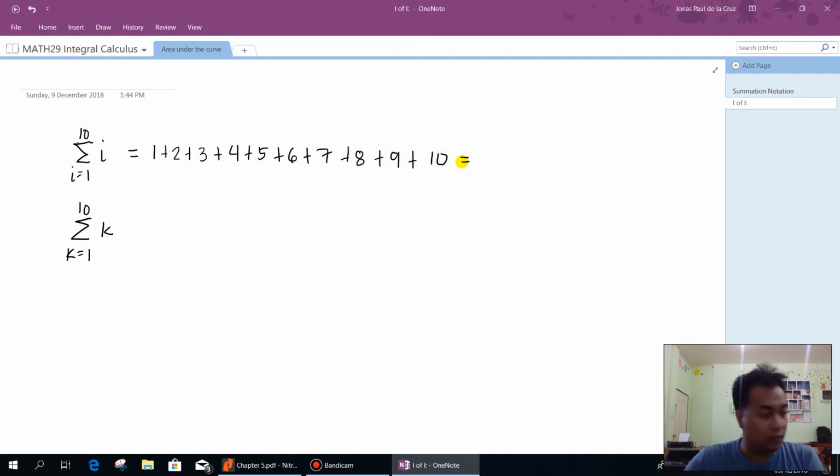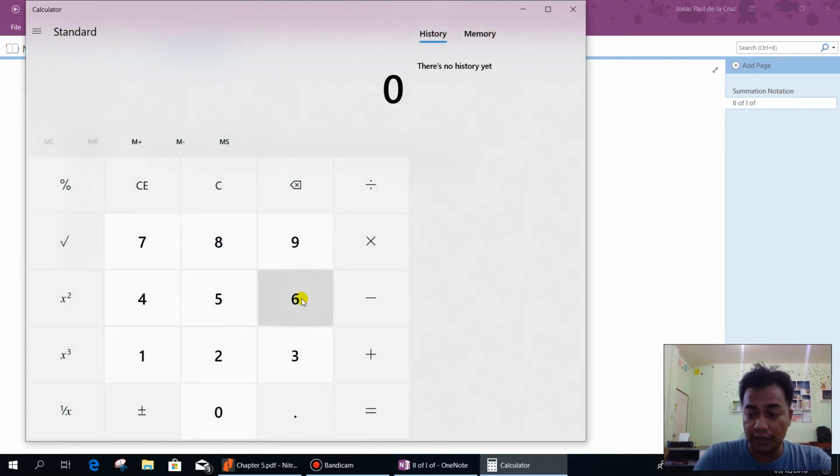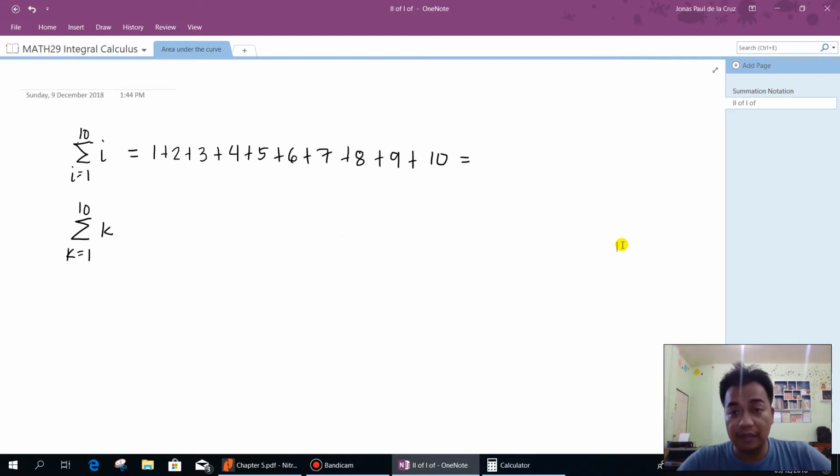Okay, this is equal to, calculator na lang ako dito sa laptop ko. Okay, 1 plus 2 plus 3 plus 4 plus 5 plus 6 plus 7 plus 8 plus 9 plus 10 is 55. Okay, so the sum is 55.